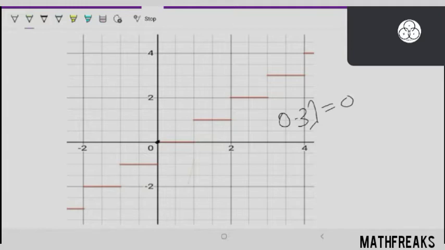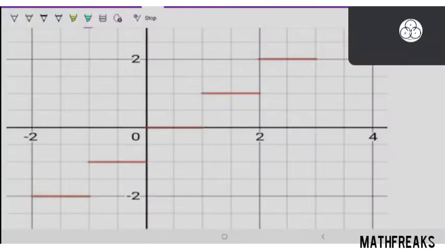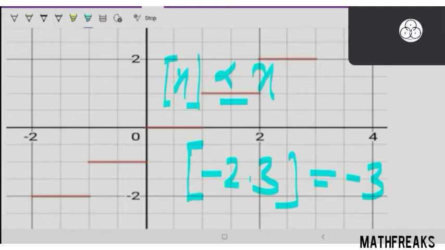So for a negative number, box of -2.3 will be equal to -3, because we know that box of x is always less than or equal to x.